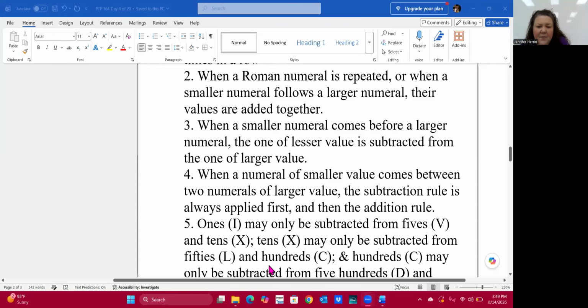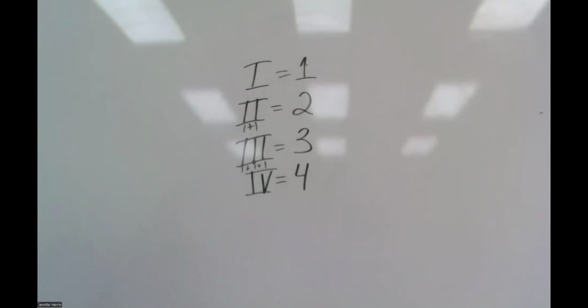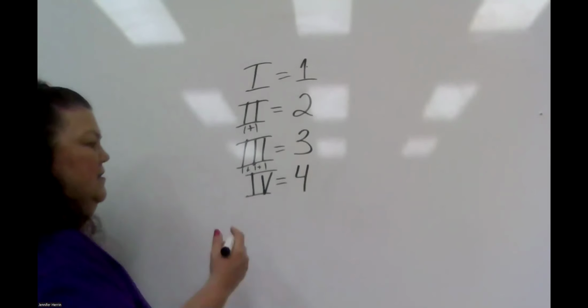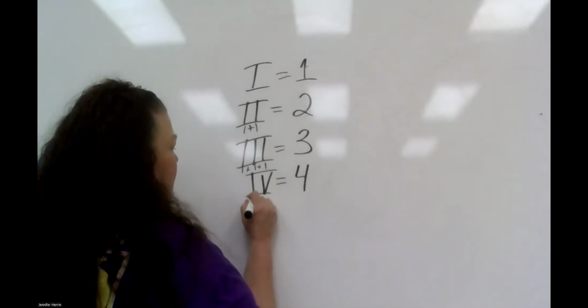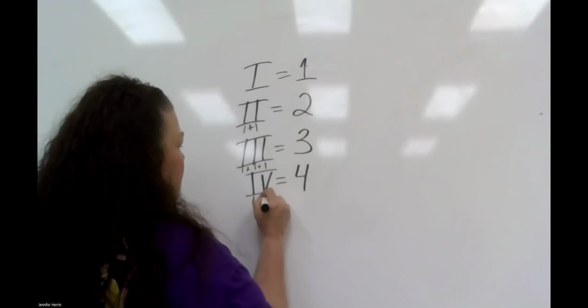Rule number 3 says when a smaller numeral comes before a larger numeral, the one of lesser value is subtracted from the one of larger value. So that is exactly what is happening here with the number 4. We have a small number that represents the number 1, and this represents the number 5.